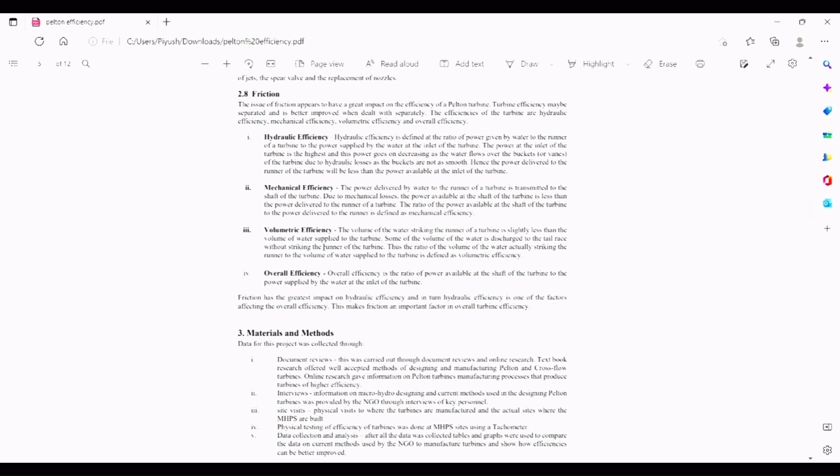Some of the volume of the water is discharged to the tail race without striking the runner of the turbine, causing the volumetric losses. Now the overall efficiency is the ratio of power available at the shaft of the turbine to the power supplied by the water at the inlet of the turbine.